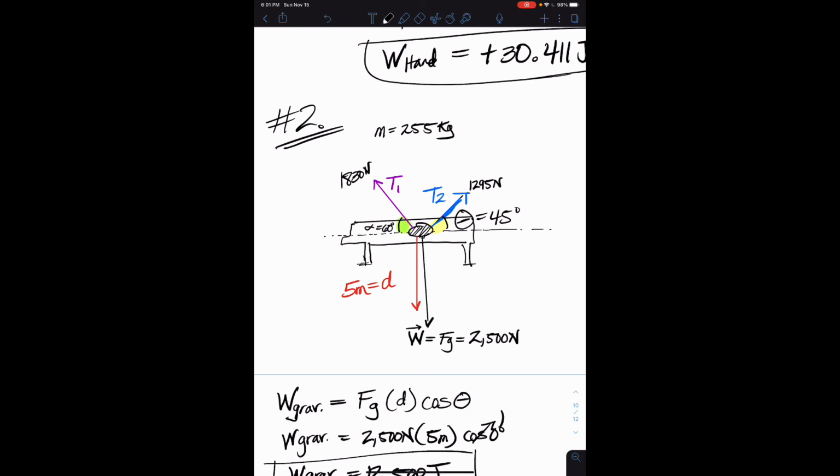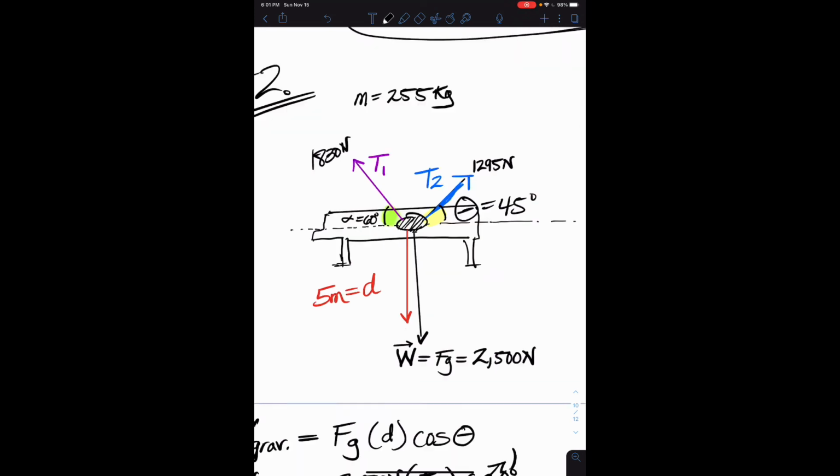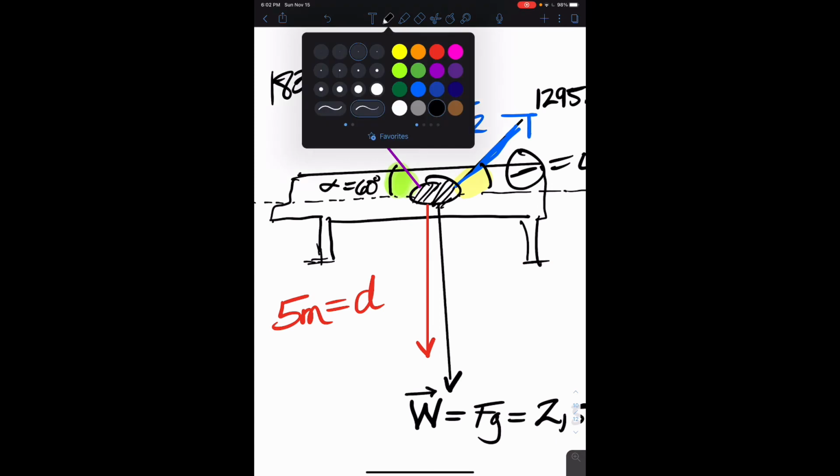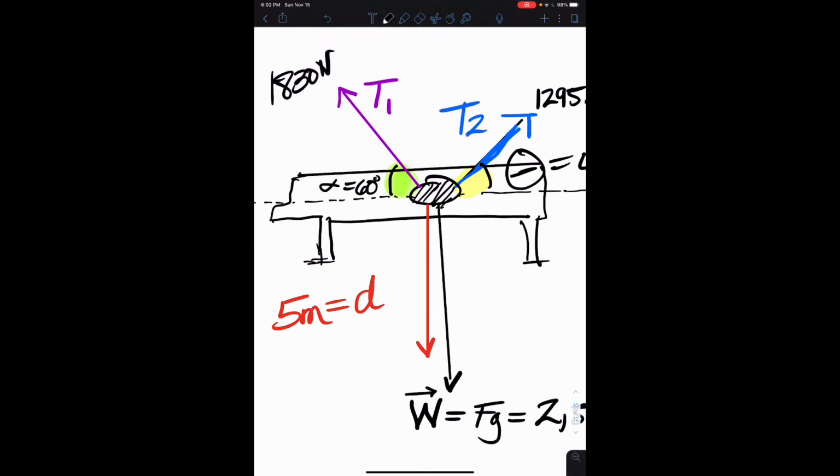We said that we have to use the angle between d and T1 and T2. So that shouldn't be hard, and I think we're going to be fine just doing that. So what are those angles? Well, in this case, for the green vector, that angle right there would be 60 plus 90, or 150. So I'll just write that in as 150 degrees.